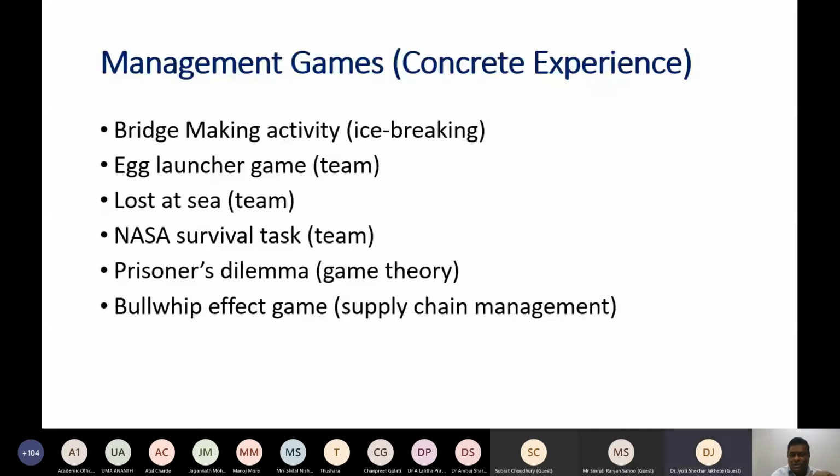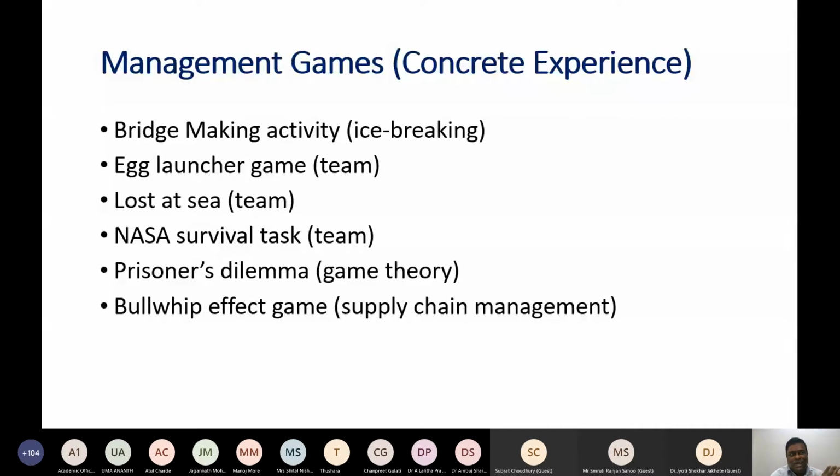And similarly, the egg launcher game is also very interesting. It's a kind of team game, the same ice breaking game. An egg would be given along with some newspapers, sellotape, some straws, some string, and a pair of scissors.